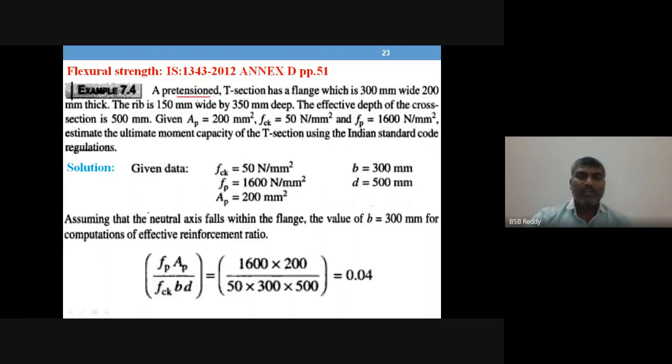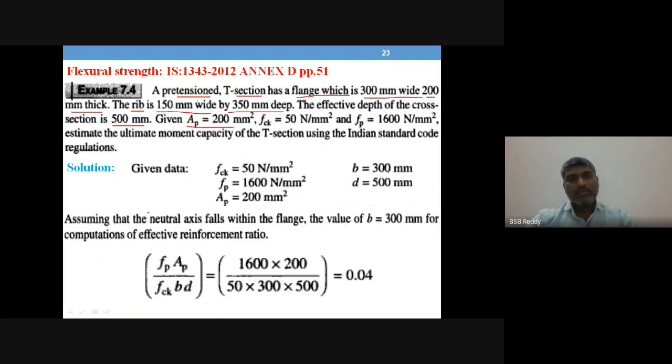A pre-tensioned T section has a flange 300 wide, 200 thick. The rib or web is 150 wide, 350 deep. The effective depth of the cross section is 500.